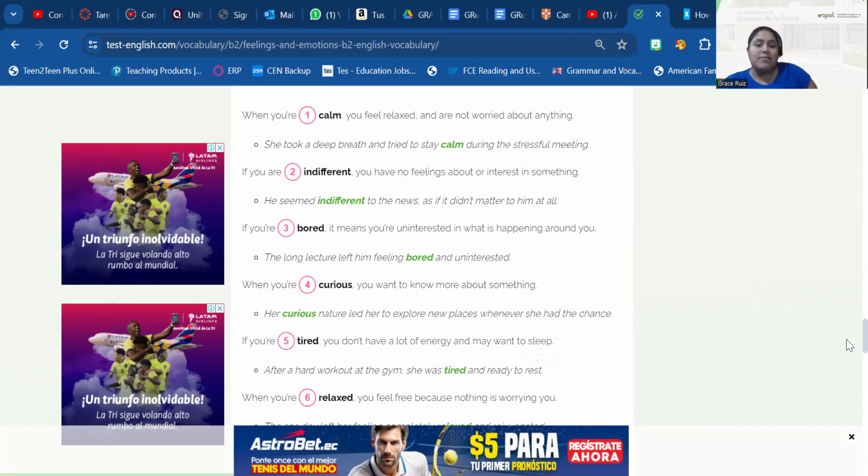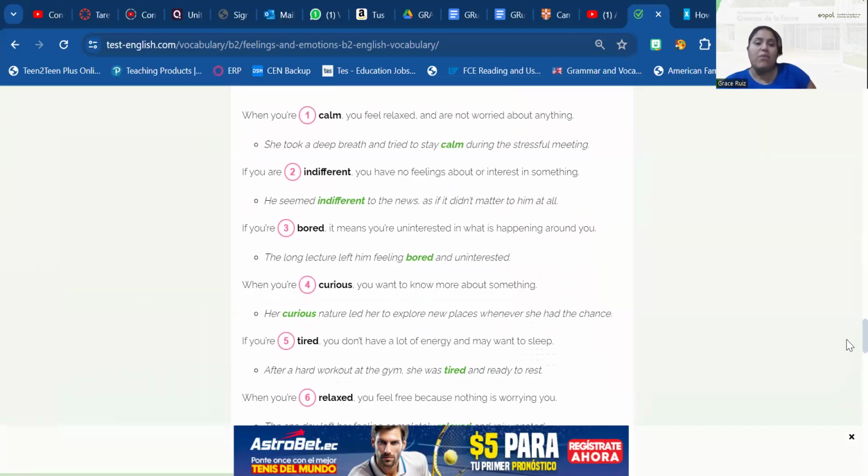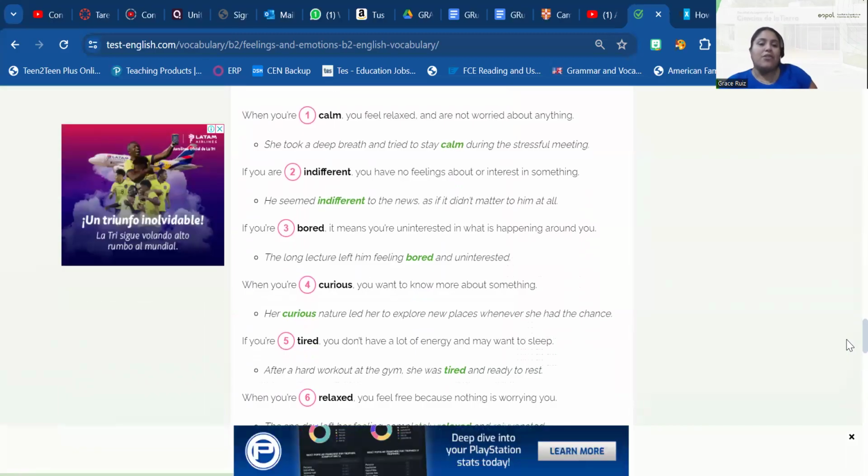If you feel tired, that means you don't have a lot of energy and may want to sleep. After a hard workout at the gym, she was tired and ready to rest. When you are relaxed, you feel free because nothing is worrying you. You have nothing in the back of your mind, nothing going on.